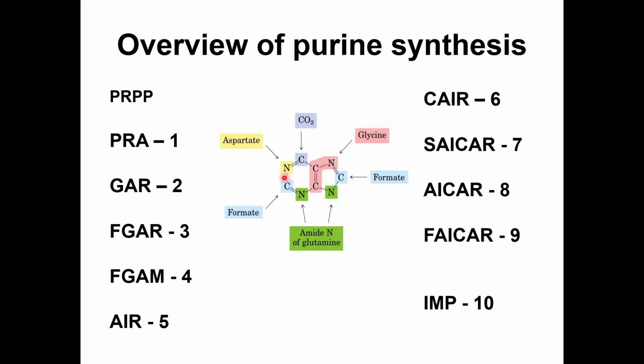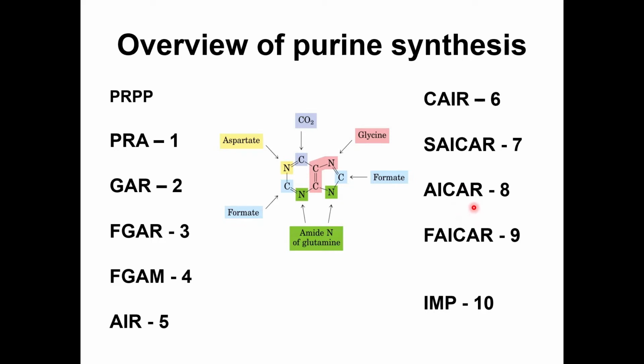N1 of purine is contributed by the condensation of aspartate to CAIR to form SAICAR, but we only want the amino group of aspartate. So subsequently fumarate is cleaved in presence of the enzyme adenylosuccinate lyase, and we get AICAR, aminoimidazole carboxamide ribonucleotide.